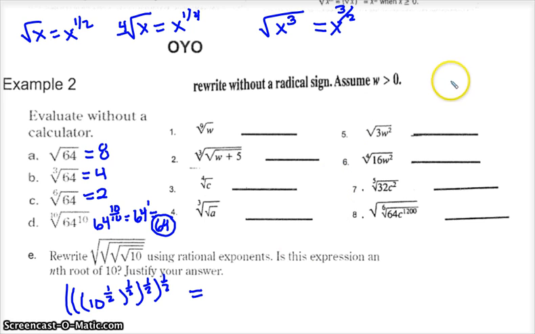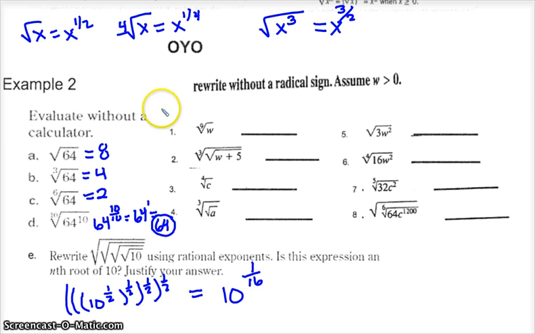We know from our power rules that when a power is raised to a power, we multiply the exponents. So this becomes 10 to the 1/16. Alright, you try. Let's try to write some of these radical expressions without the radical symbol and only rational exponents.